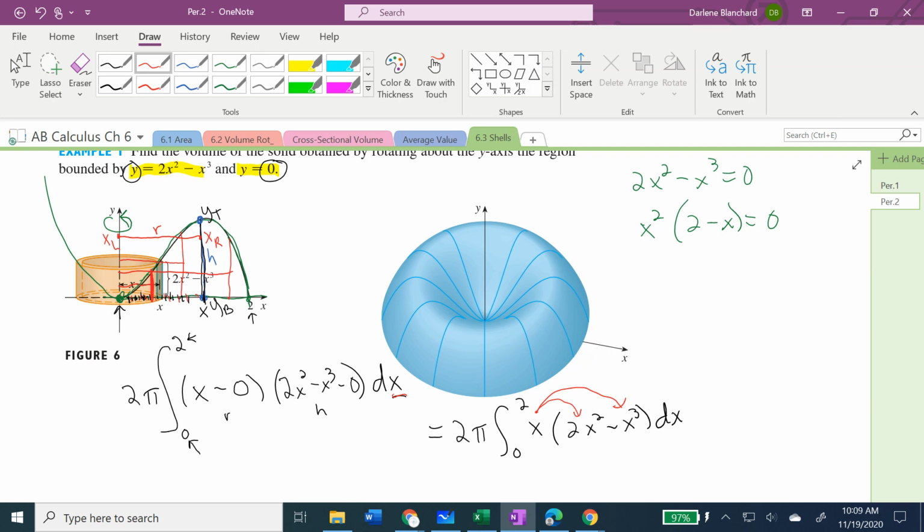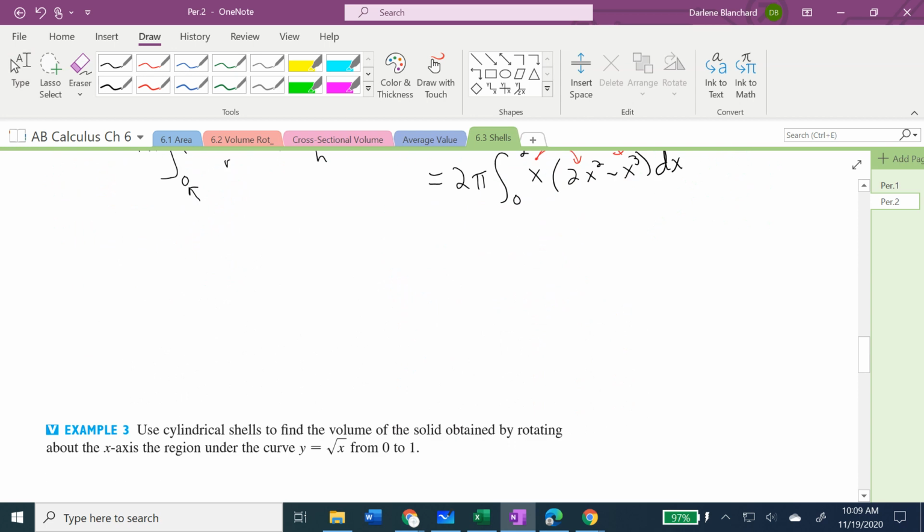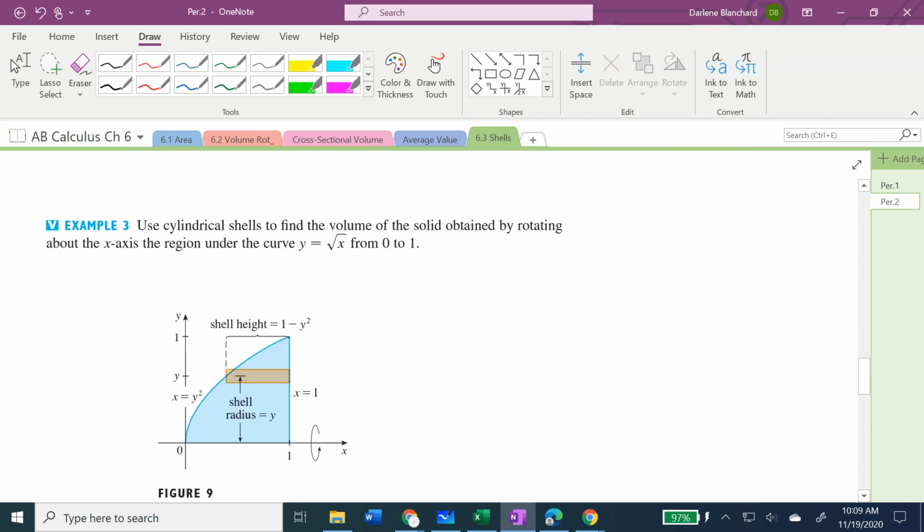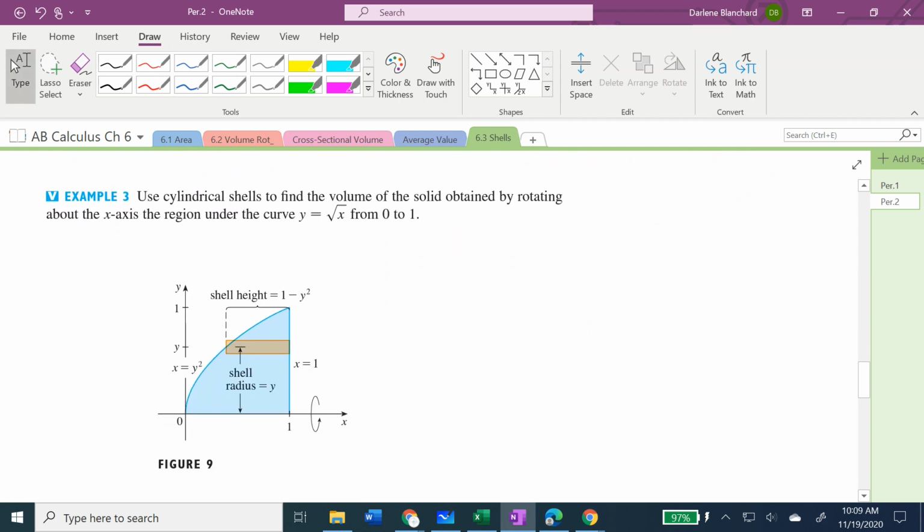So this is an example of when I'm rotating about the y-axis. The next example is going to rotate about the x-axis. Come on, wake up. There we go.